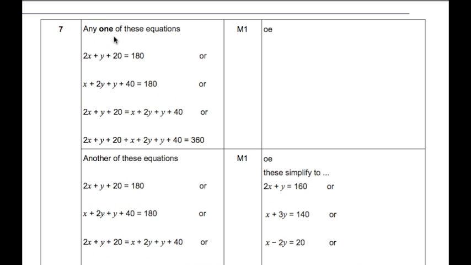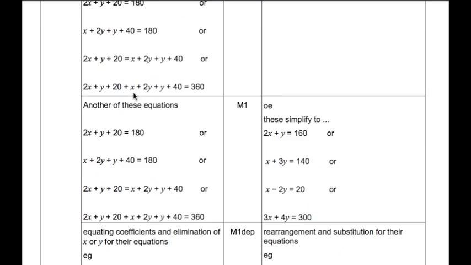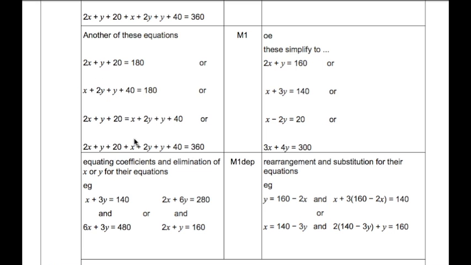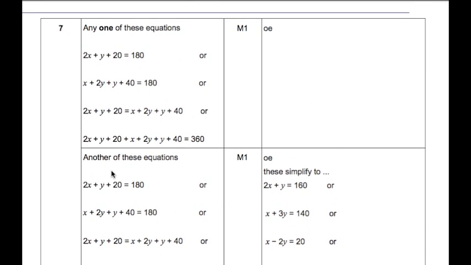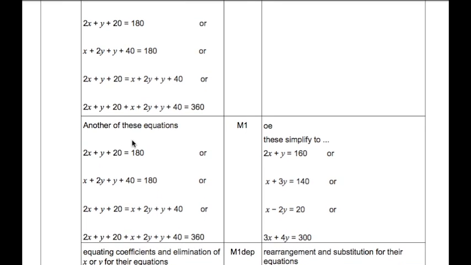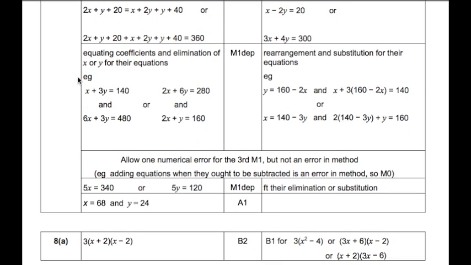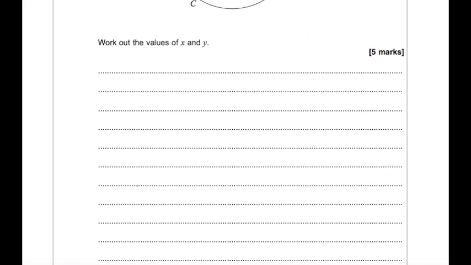So you get a mark for any one of the equations, and then a mark for, is that for tidying it up? Well, a mark for another one of those equations, a mark for equating coefficients and elimination of x or y. So essentially a mark for starting to solve these algebraically. And then we should have got 68 and 24, so I've done something wrong there. So our y was right.